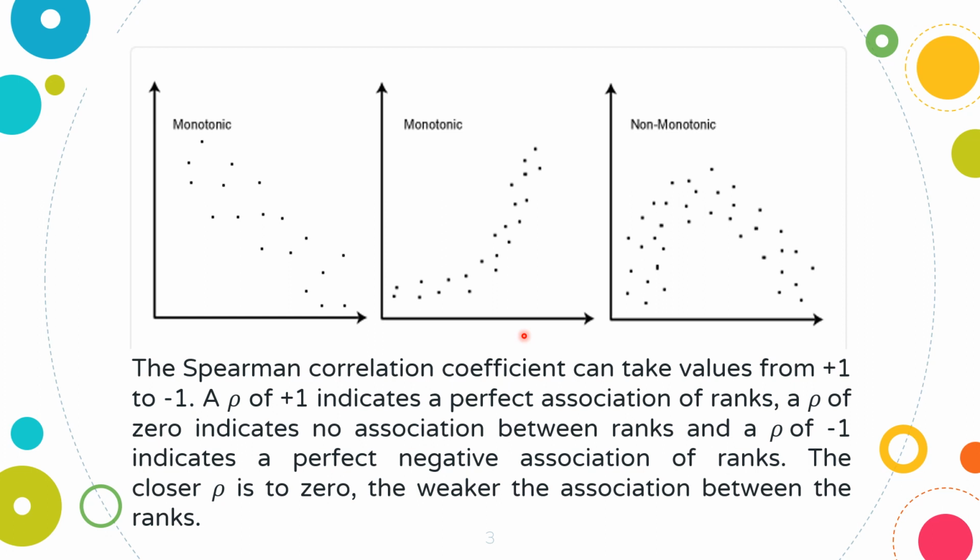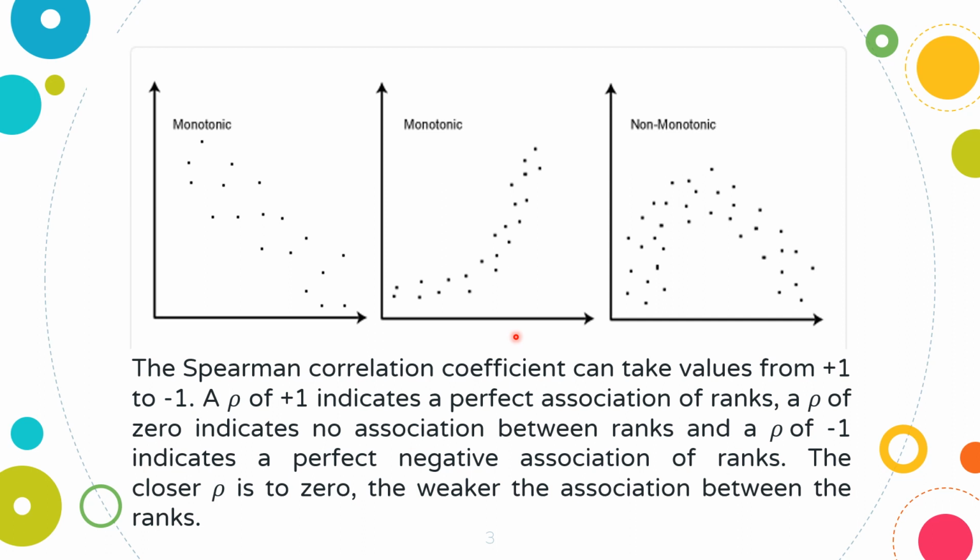But if it is 0, of course, it indicates no association between ranks or zero correlation. And if our value of rho is -1, then it indicates a perfect negative association of ranks. Pag eksaktong -1.